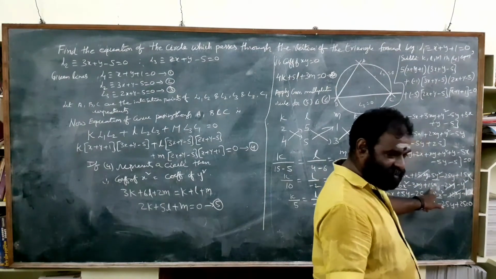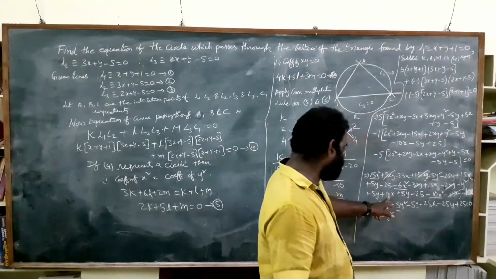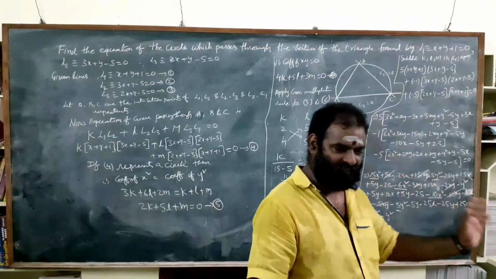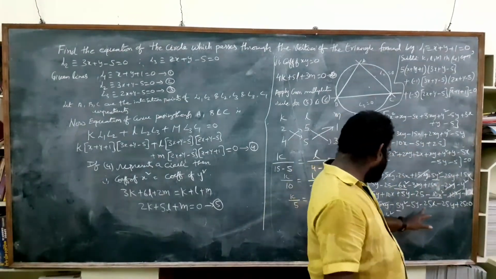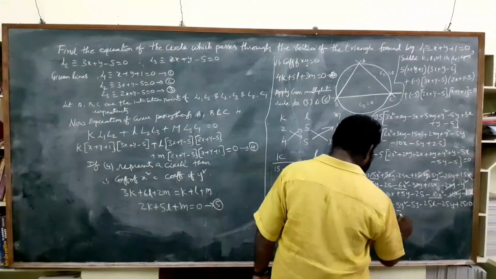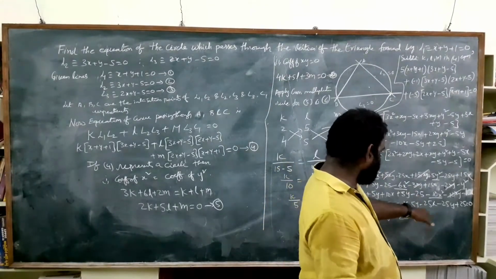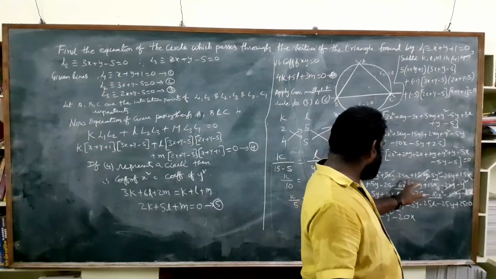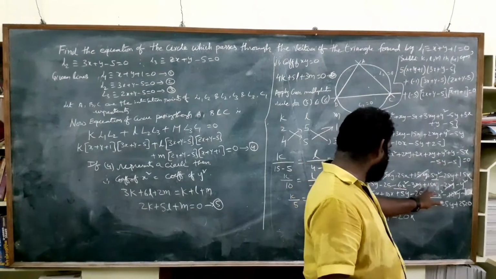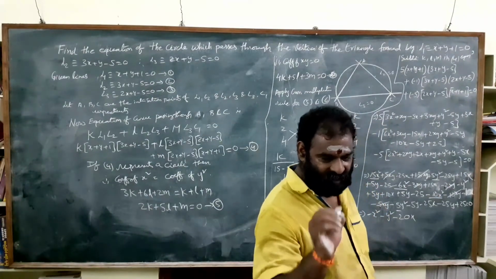Minus 10 plus 15 plus 5, plus 5 plus 10 plus 15, minus 10 plus 15 minus 10, 5. 5 minus 25, here 5 minus 25, minus 20x. Understand or not? Once again you have to see. Minus 25 plus 15 minus 10, and here minus 10 plus 15 minus 10 plus 15, 5.